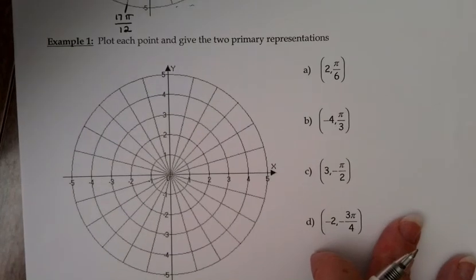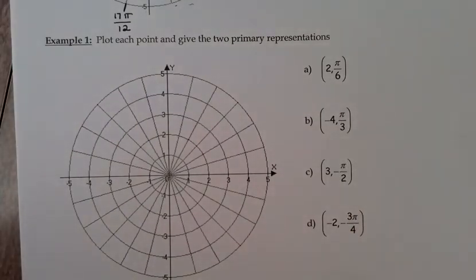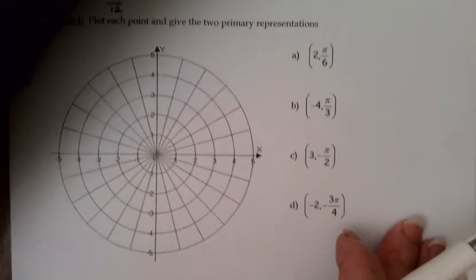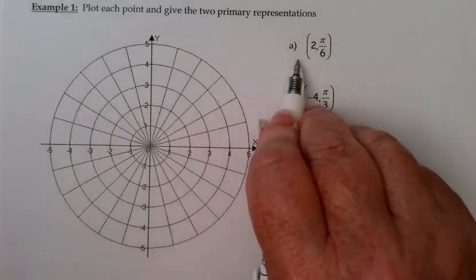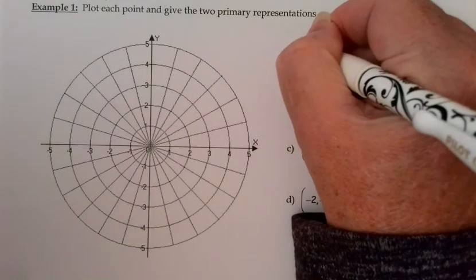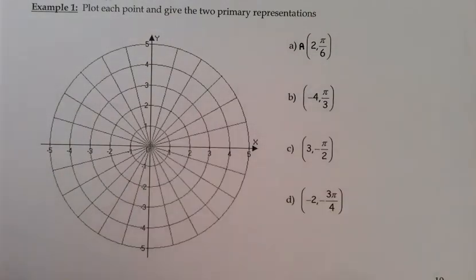All right, in our next example, we've gone the other way. I've given you one representation, and then I'm asking us to find the two primary representations and to plot the point. So for A, and I'll call this point A, I've got the point 2, pi over 6.